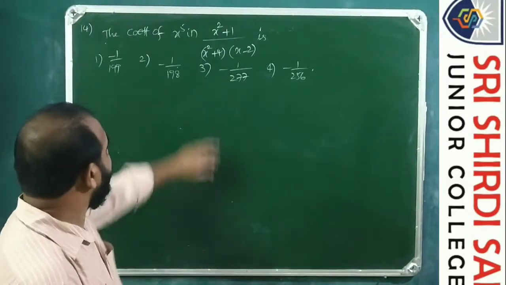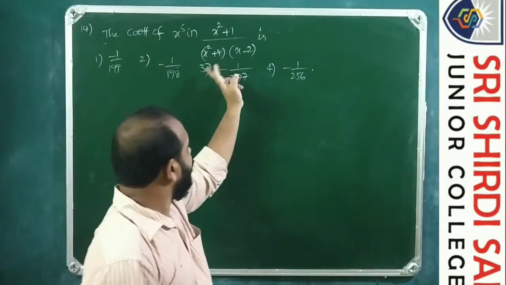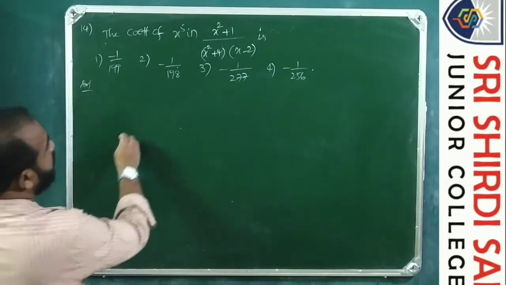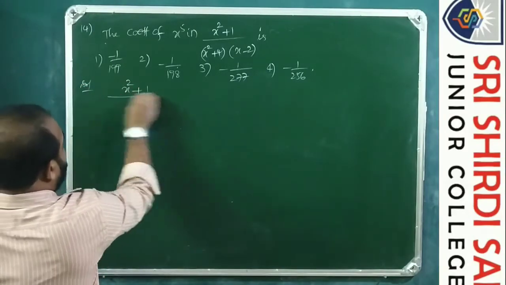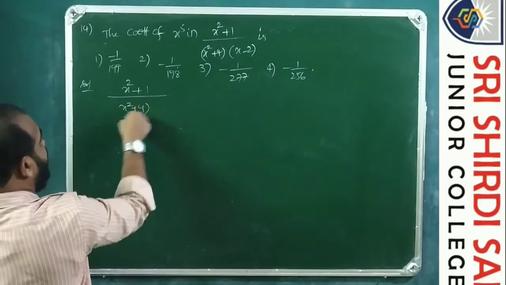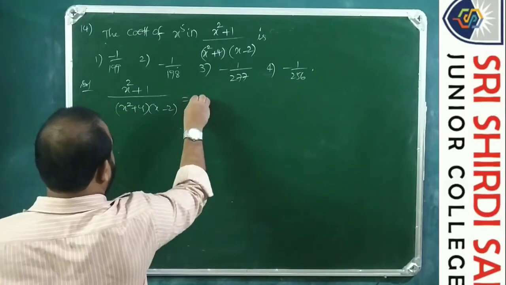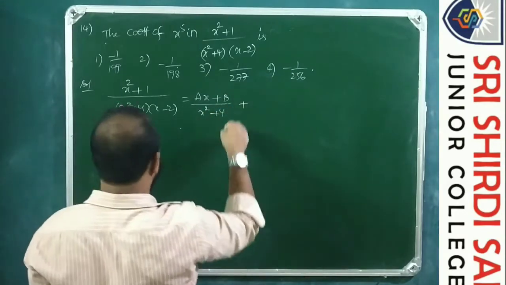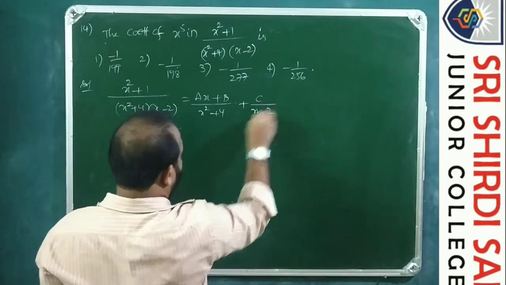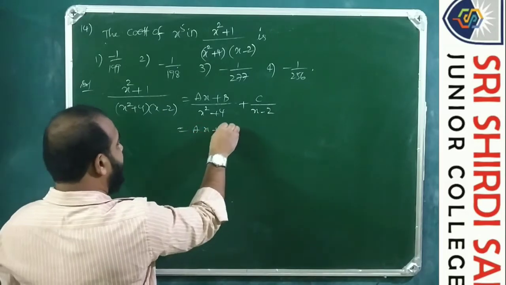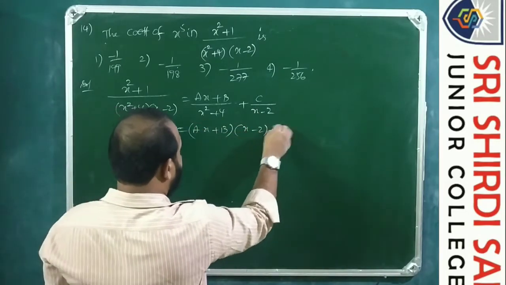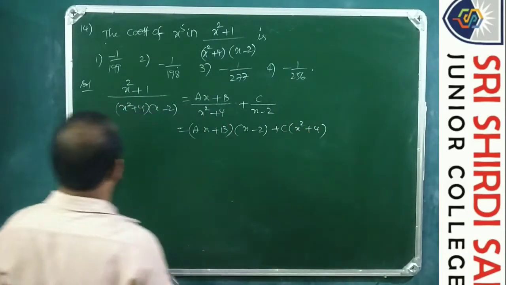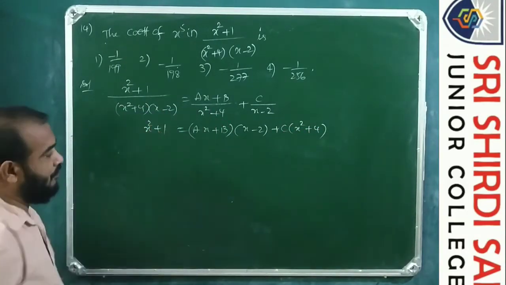The coefficient of x power 5 in (x square plus 1) by (x square plus 4) into (x minus 2). So (x square plus 1) by (x square plus 4) into (x minus 2) is equals to (ax plus b) by (x square plus 4) plus c by (x minus 2). So (ax plus b) into (x minus 2) plus c into (x square plus 4) is equals to x square plus 1.